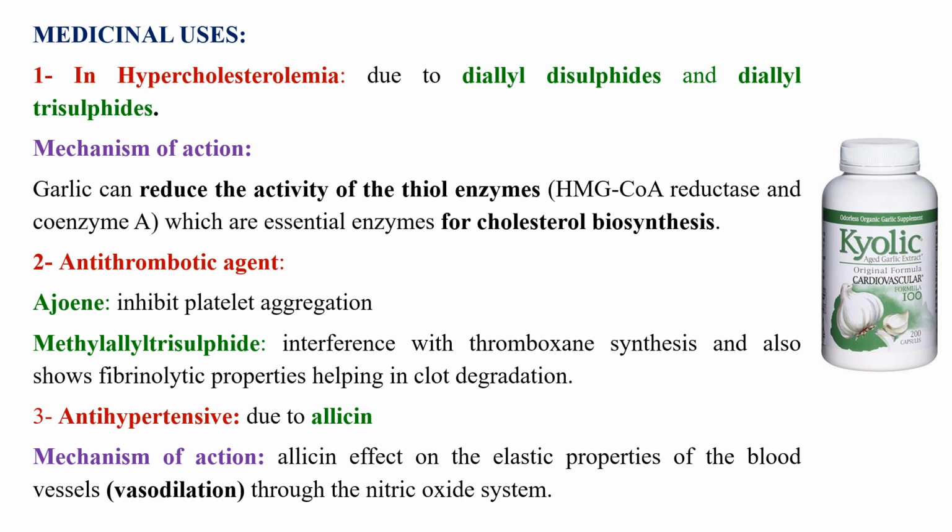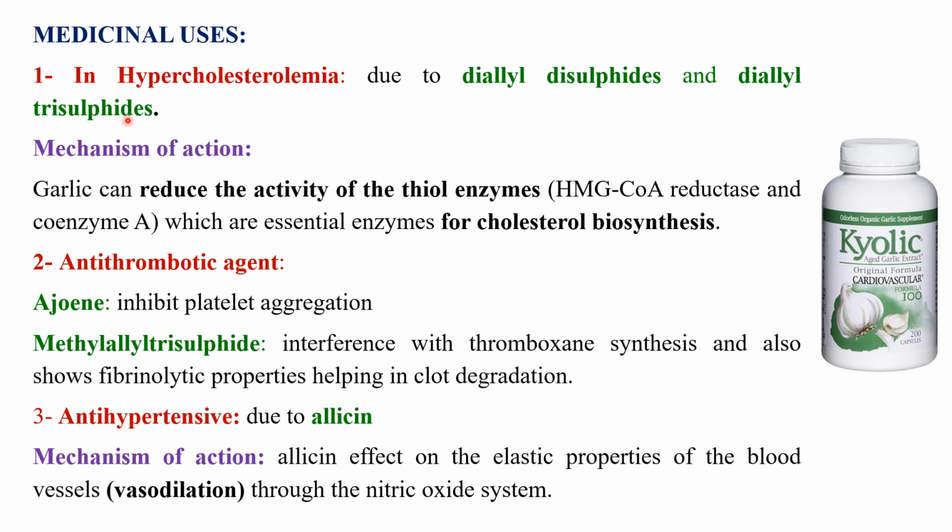The most important use for which garlic is marketed as a food or herbal supplement in Egypt is in the treatment of hypercholesterolemia, due to the presence of diallyl sulfide and diallyl trisulfide or other organosulfurous compounds.